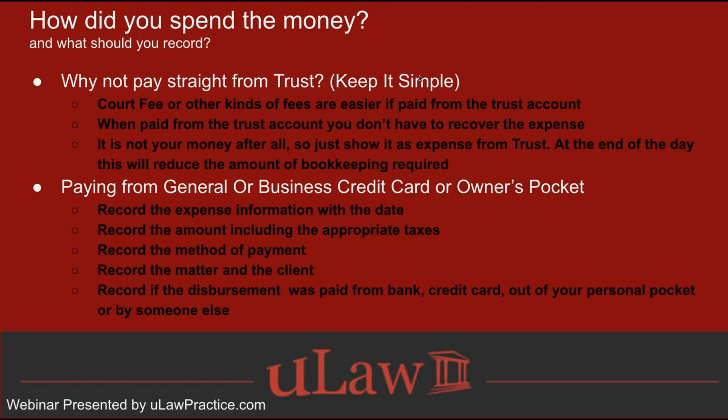So in general, if you're paying from general or business credit card or owner's pocket, which is your own pocket, like your personal credit card or debit card, record the expense with adequate information such as date, amount, method of payment. I love adding all this information, and I always recommend people, because uLaw can generate tons of these documents that Law Society is asking for, and we cannot go wrong if you have added all of this information.